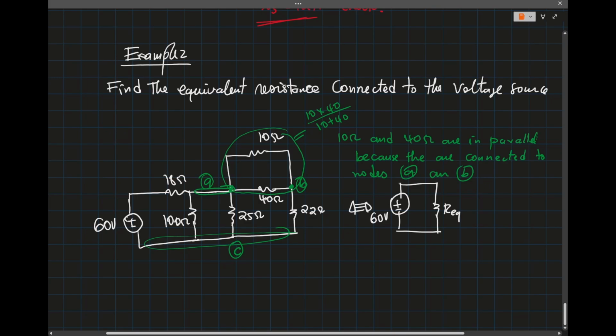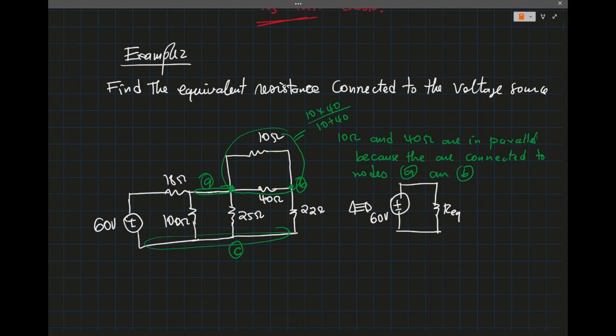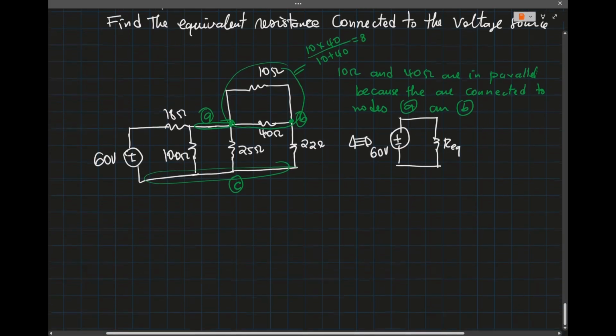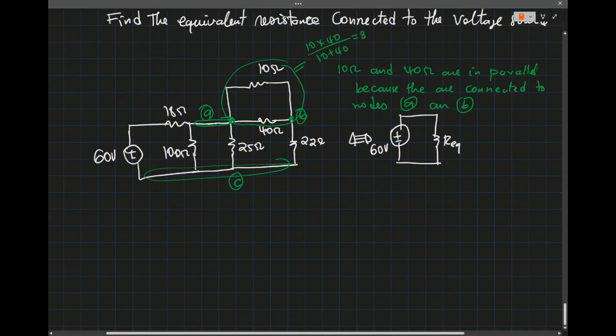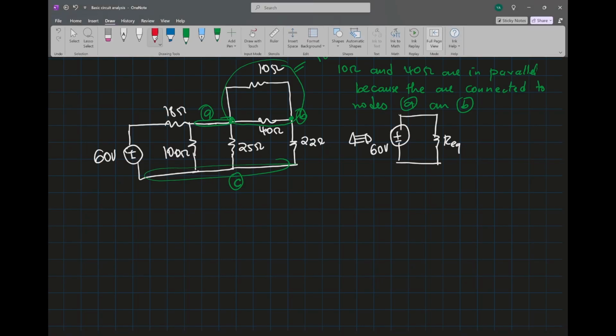So we have 400 divided by 50, that's going to be 8. Then I'm going to redraw the network along the way so that we can follow closely.